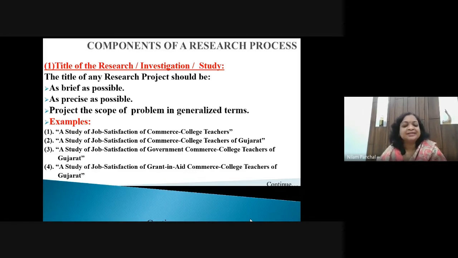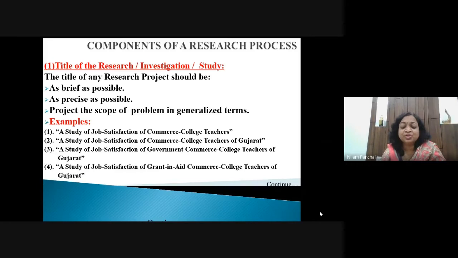The third is a study of job satisfaction of the Government Commerce College teachers of Gujarat. And lastly, a study of the job satisfaction of grant-in-aid Commerce College teachers of Gujarat. So which title is signifying your purpose and giving you a clear-cut answer?